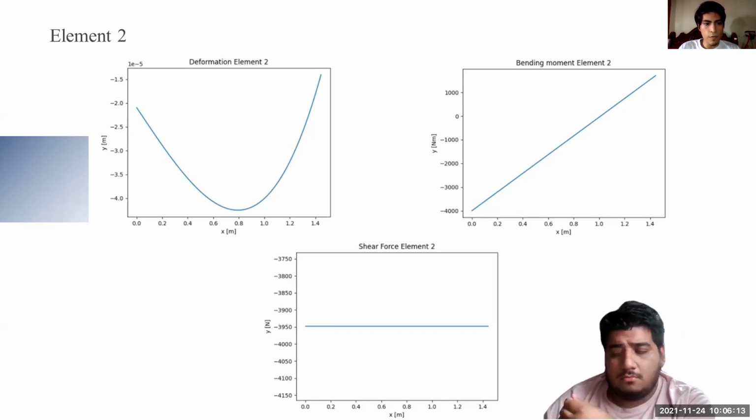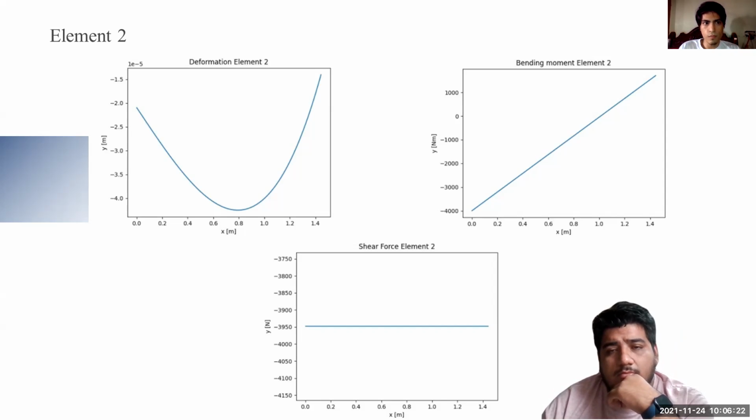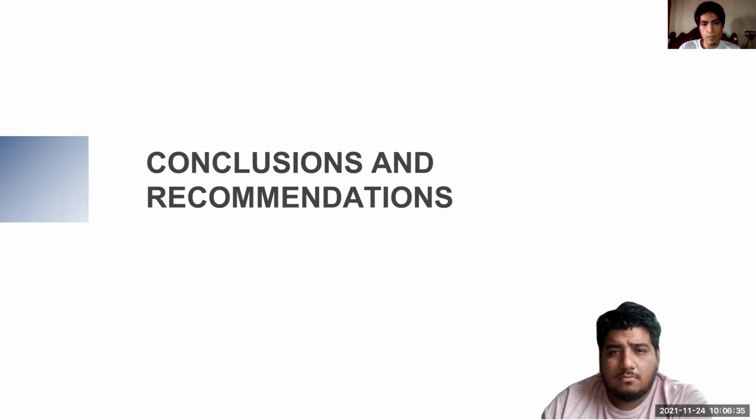We can see the shear force and the bending moment are approximations because they are linear and constant functions. The shear force depends only on the length of the beam or element. Thank you. Next slide.